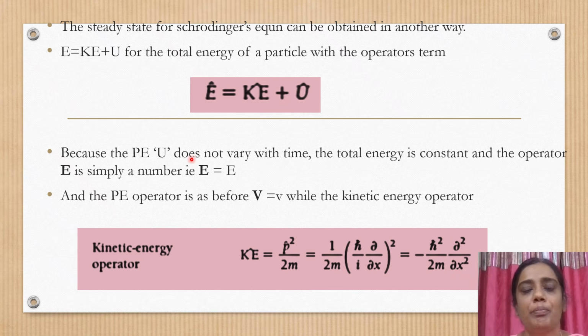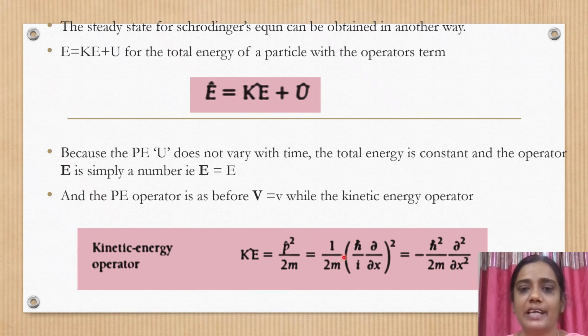Now, the potential energy, most of the time we said, does not vary with time. Therefore, the total energy is constant and the operator E is simply a number E. The potential energy, as before, capital V, also does not vary with time, so it is V.